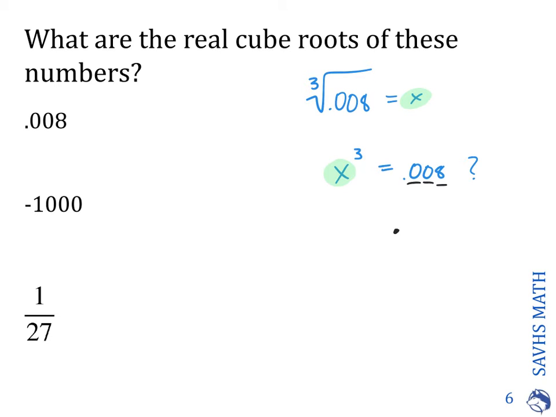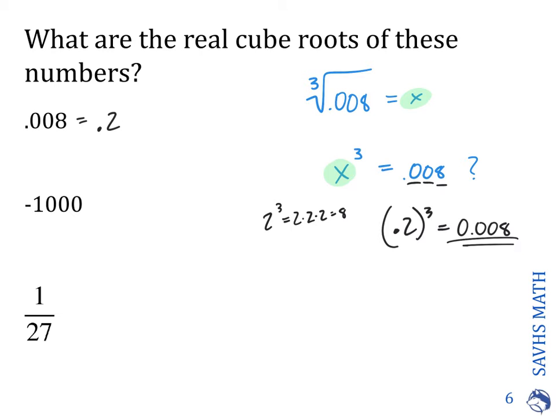And I know that 2 cubed is 2 times 2 times 2, which is 8. So my initial instinct is to check what happens if you take 0.8 and cube it. Nope, just kidding, not 0.8. Excuse me, 0.2, and you cube it. If you check this in your calculator, you will get 0.008. And this is our answer. The cube root of 0.008 is 0.2.